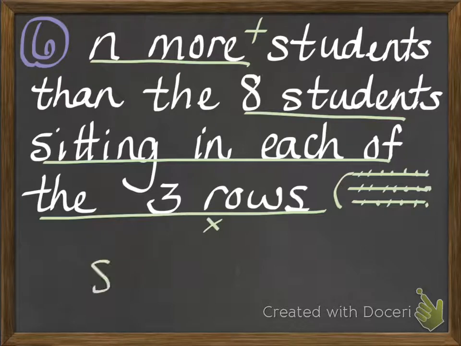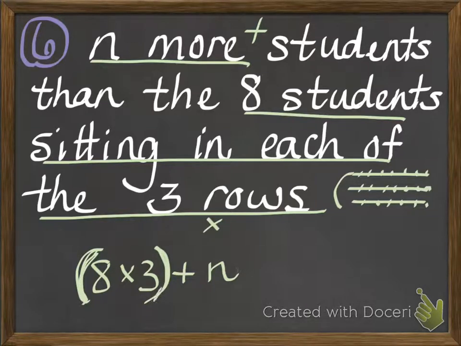So I know I've got 8 times 3, and it says n more. So 8 times 3 plus n. Okay, so this part has to come together first, so I'm going to put parentheses around it. Because the 8 students sitting in each of 3 rows has to be together. Okay, it didn't say 8 times 3 plus n.